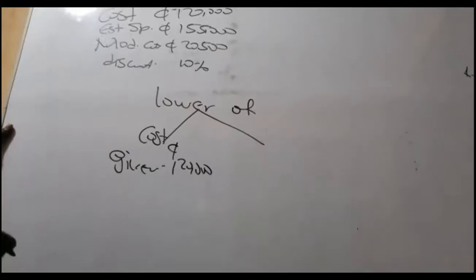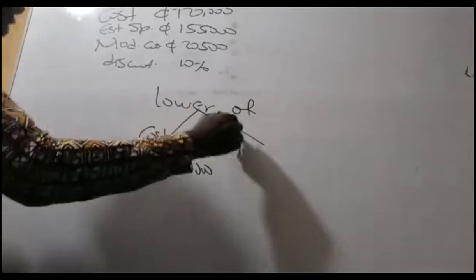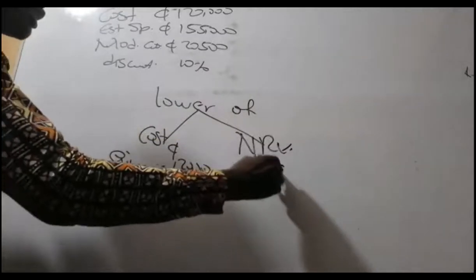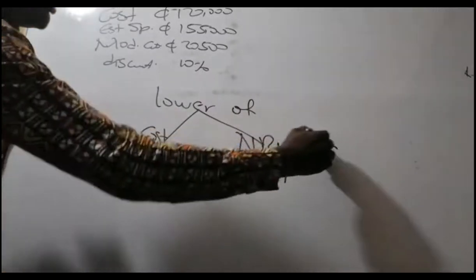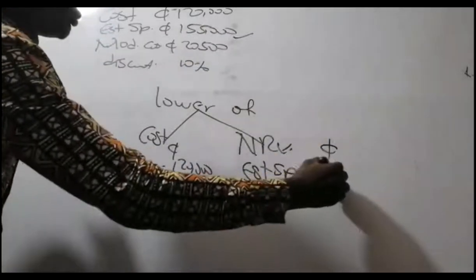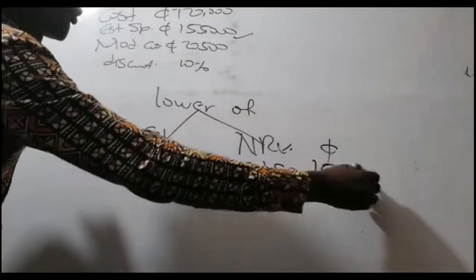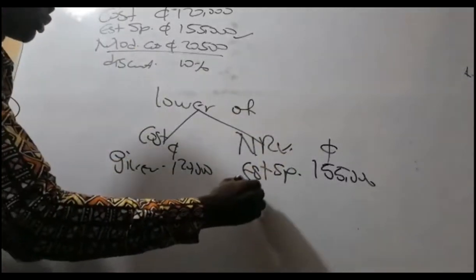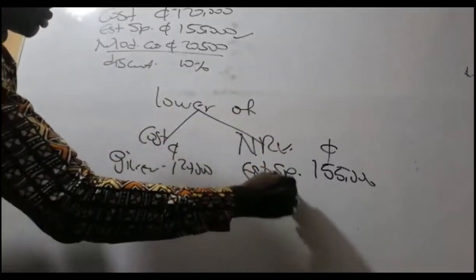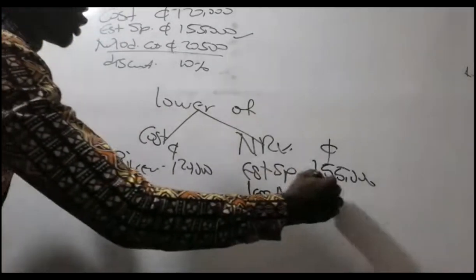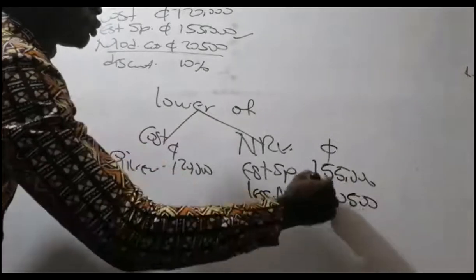So now let's go to the NRV. NRV we have to work out ourselves. So the estimated selling price is what? 155,000. Then there's modification cost, so less modification cost, 20,500.